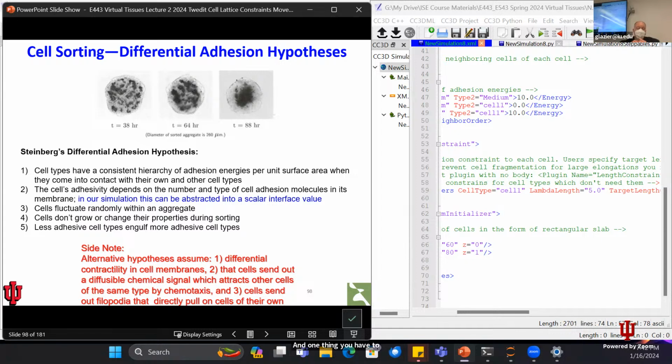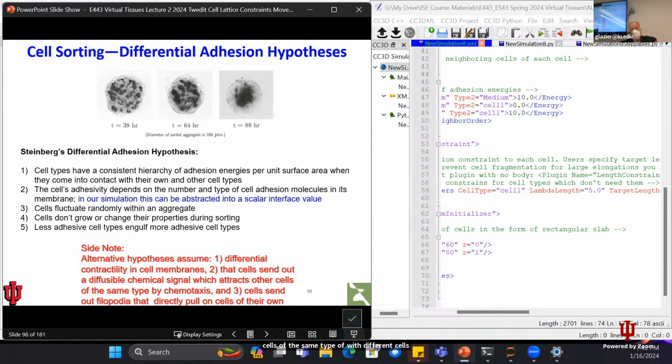And so smaller energies mean more adhesion. And so the hierarchy goes backwards. A smaller number means more adhesion. A higher number means repulsion. And so Steinberg's adhesion hypothesis said that cells, type by type, have consistent energy of contact per unit area with other cells of the same type but with different cells.